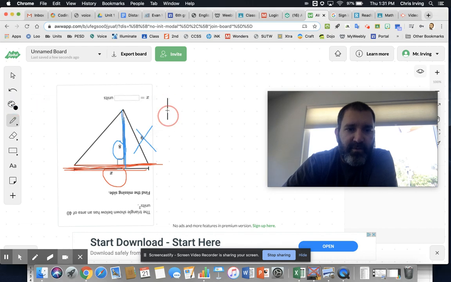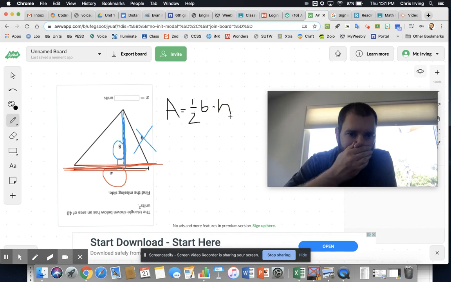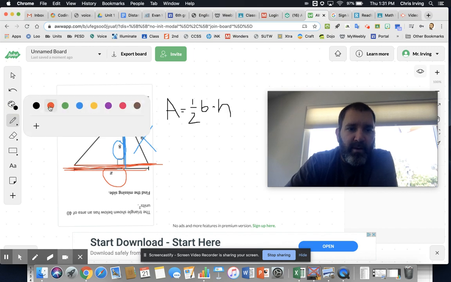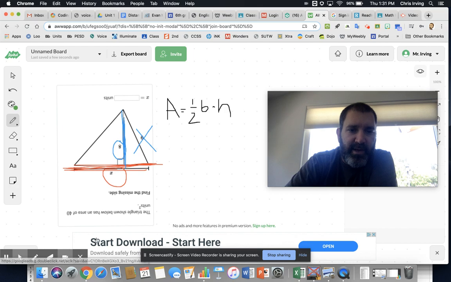We know that the formula for the area of a triangle is going to be 1/2 the base times the height. Let's substitute for what we know. Let me go ahead and use green. We're told down here in the problem that the area is 40.